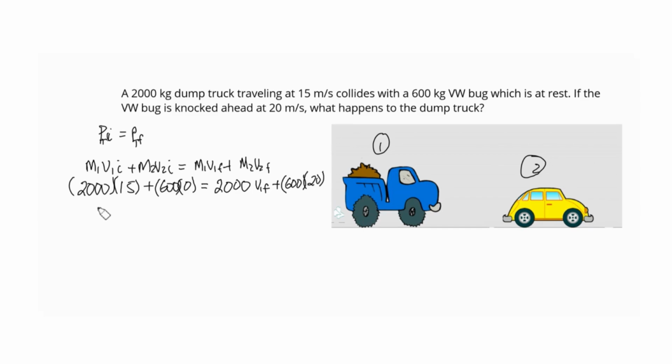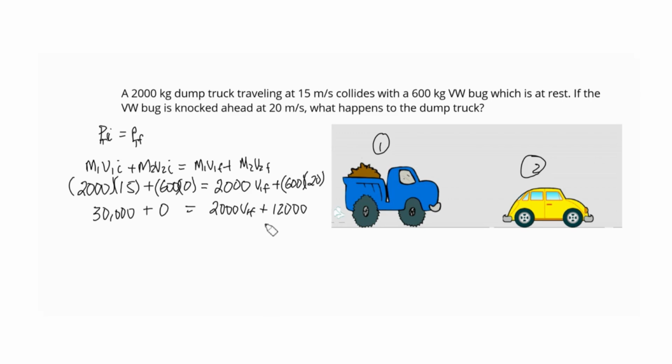And so this gives me 30,000 plus 0 is equal to 2,000 V1 final plus 12,000.